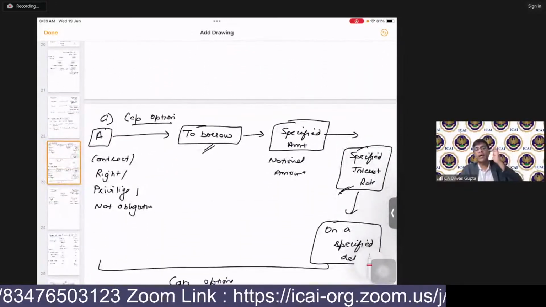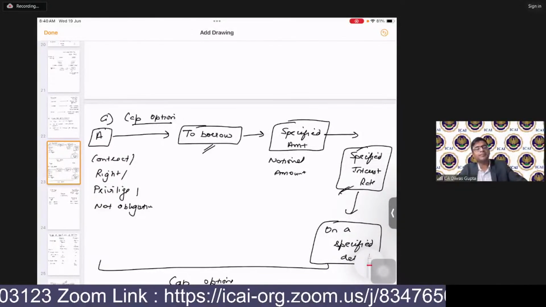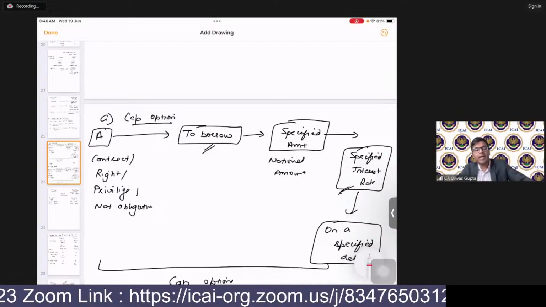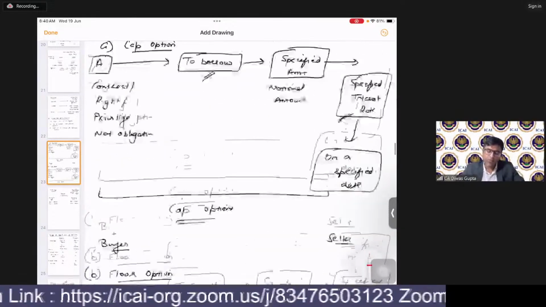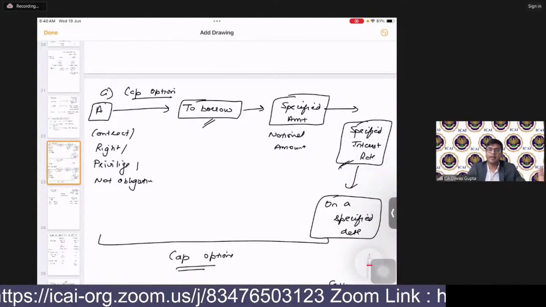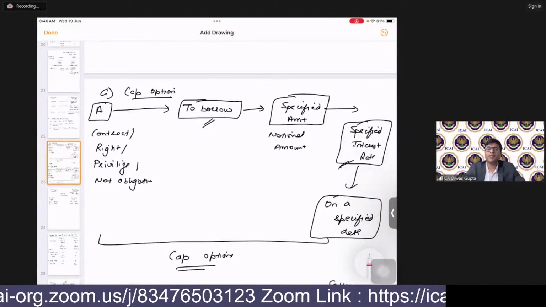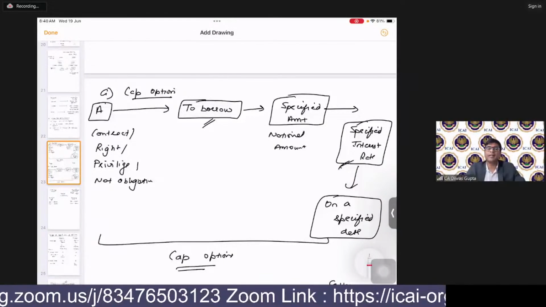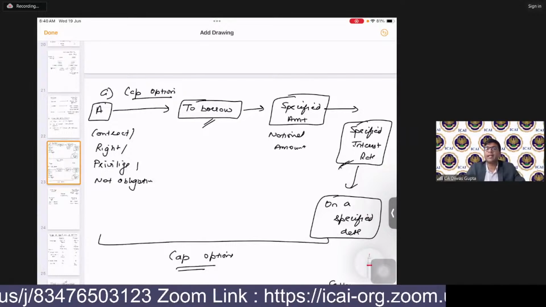In this, there are two kinds of interest rate options. One is the cap option. The second is the floor option. Like in our regular derivatives, we had call option and put option, right? Call option is the instrument that helps in buying, and put option is the instrument that helps in selling.